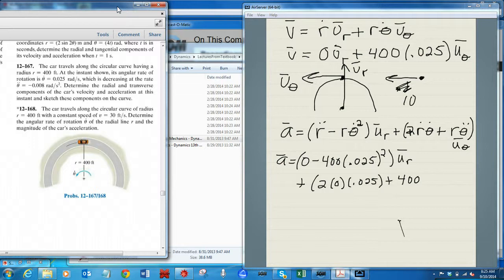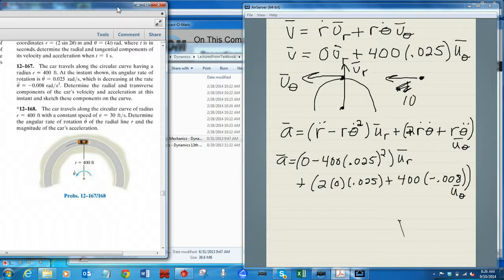Negative 0.008. That's not 400 minus that, that's 400 times that. Negative 0.008. So let's see, 400 times 0.025 squared.